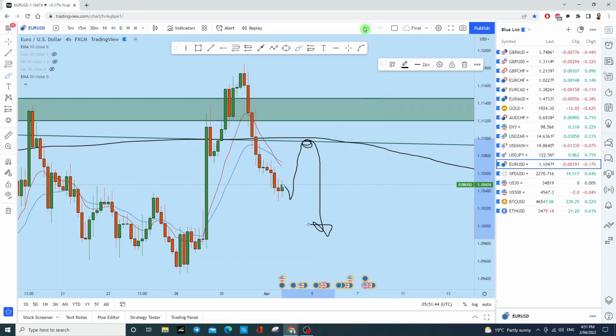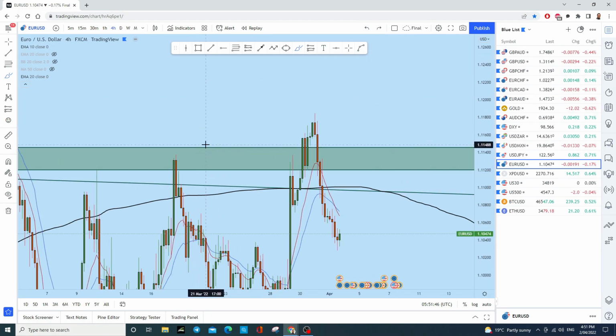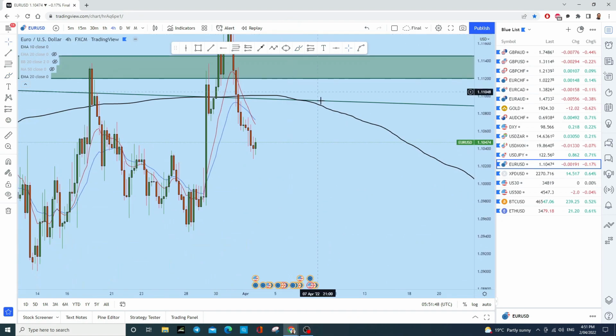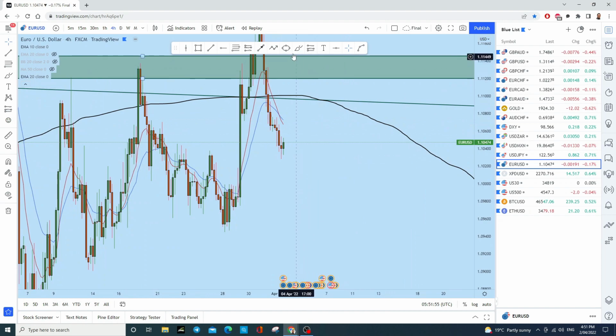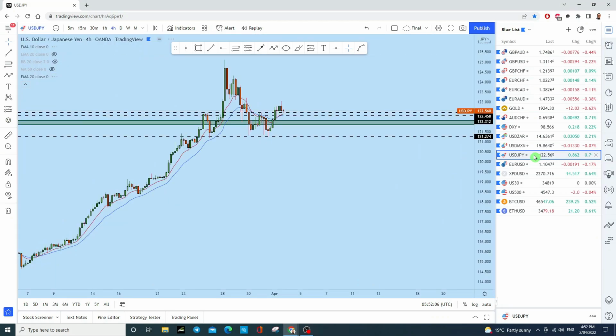But I will be taking this trade only if EUR/USD manages to rise to this level, because there has been a move and there hasn't been enough retracement. If EUR/USD manages to rise to this level, from here we will go short with a high risk to reward ratio. Now let's see USD/JPY, and then we'll go to gold.